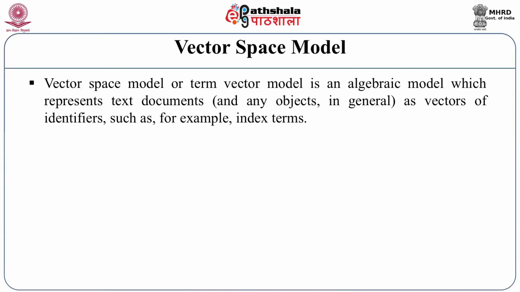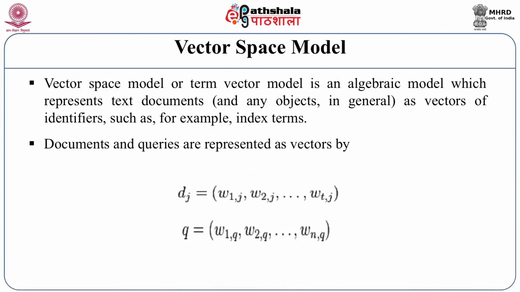He gave a scheme based on vector algebra, where each term in a document or a query is represented as a t-dimensional vector. That means each word in a document is basically represented as a vector.